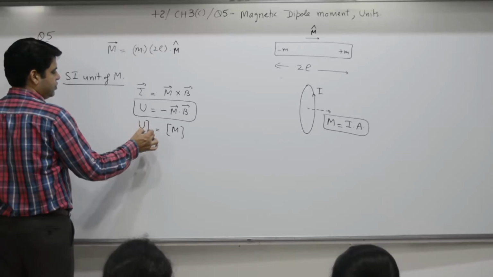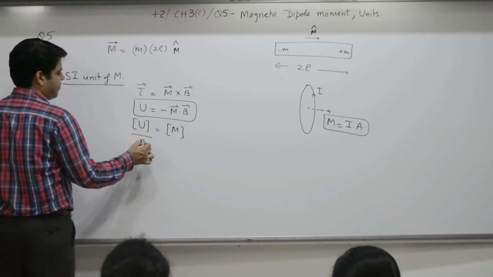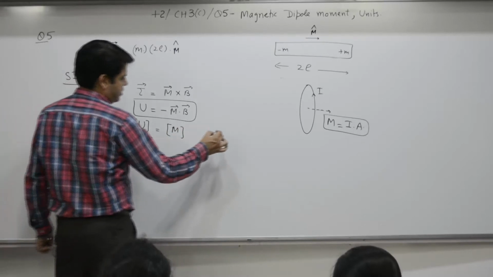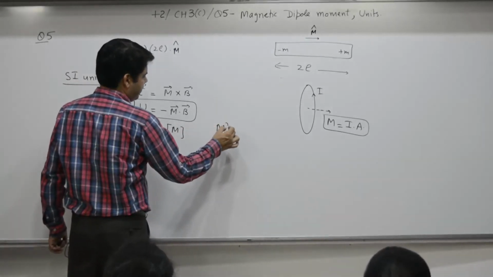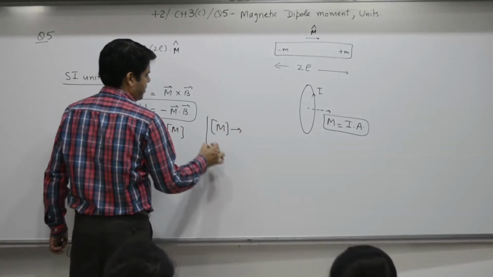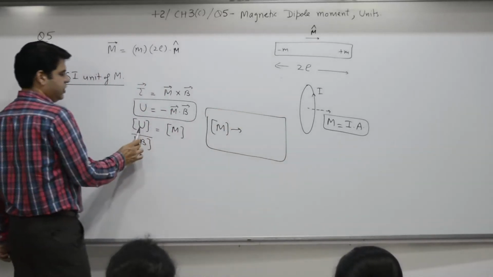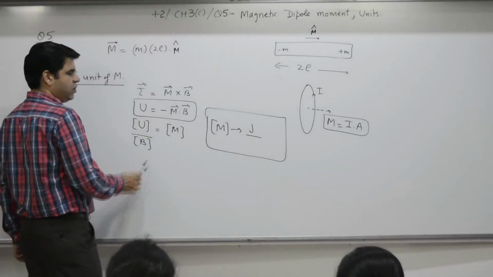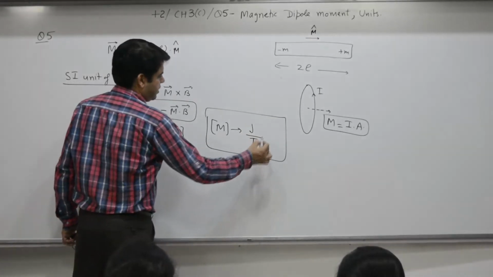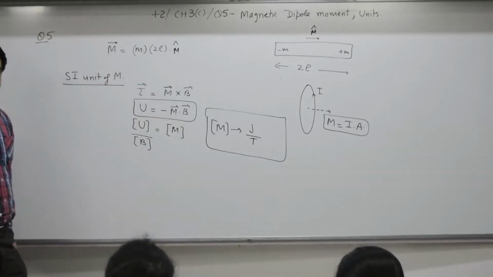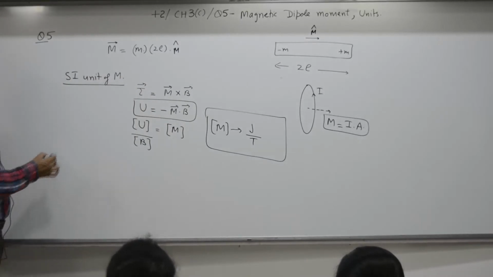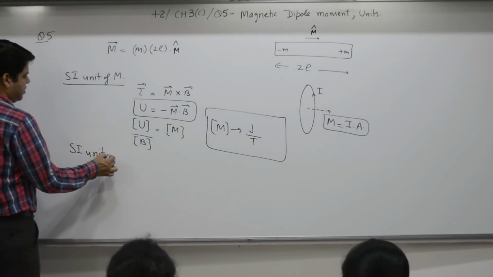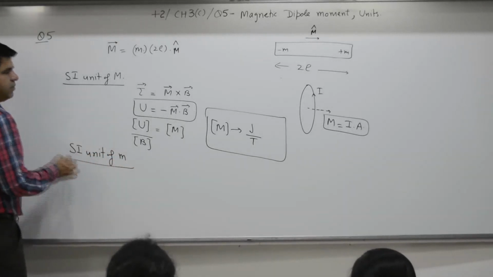Units of U by units of B. Units of U is what? So, units of M come out to be, yes, unit of energy, joule, divided by unit of B, Tesla, joule per Tesla.